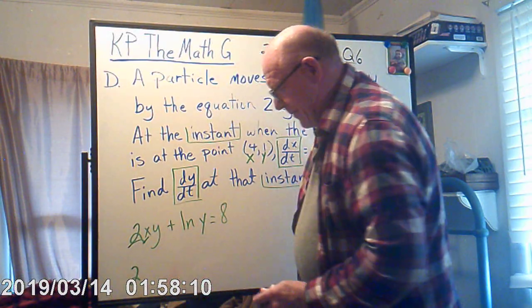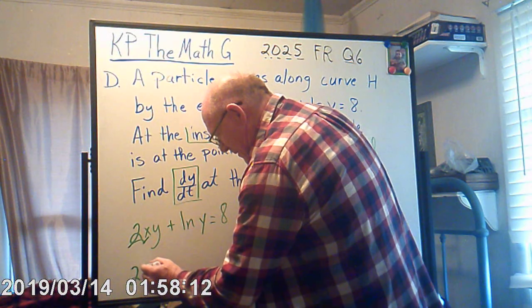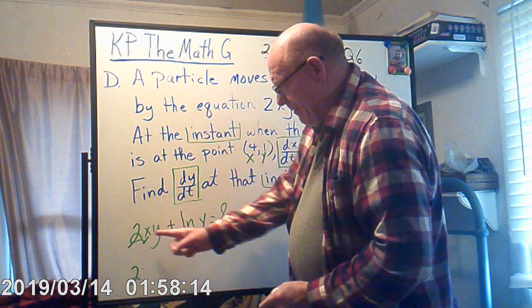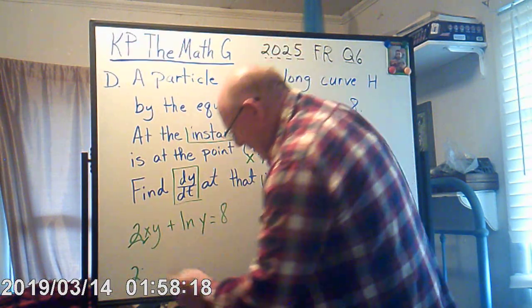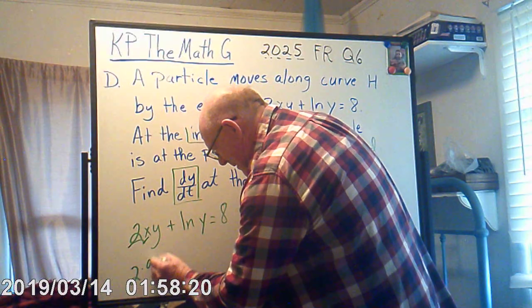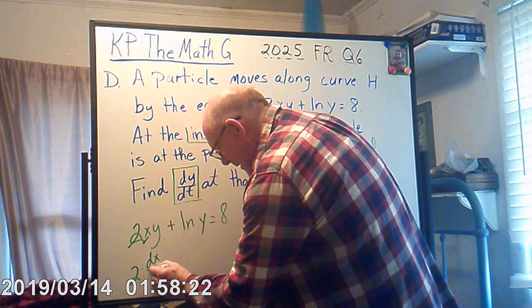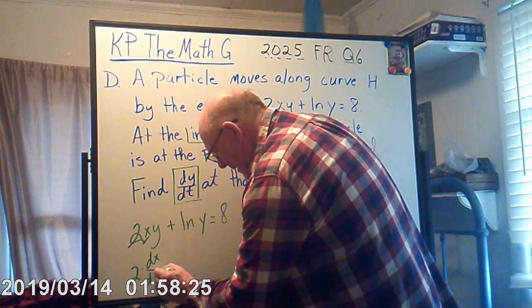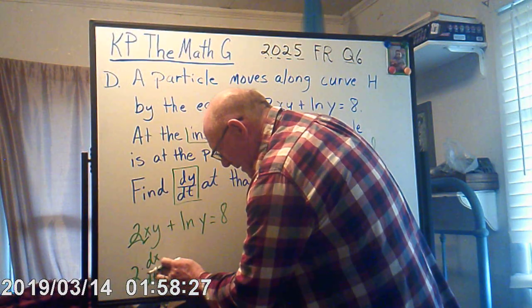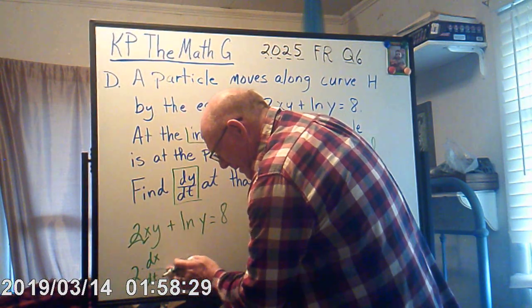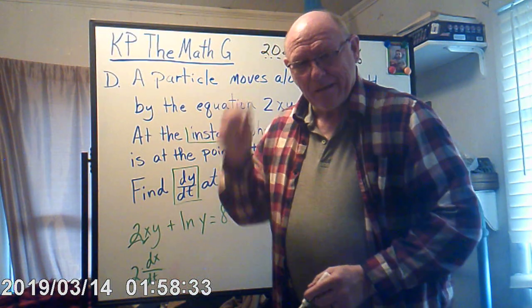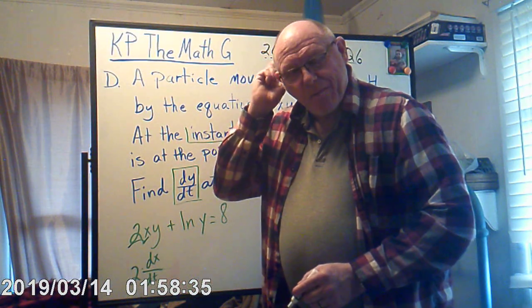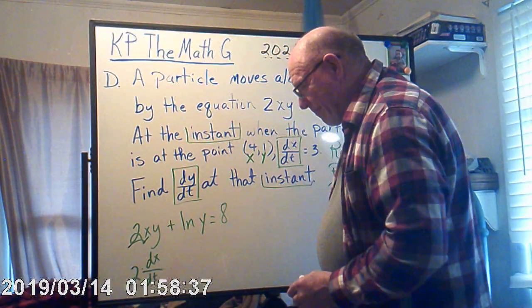Derivative of 2x is just 2, but remember the derivative of x is 1, but it's 1 times dx over dt. Anytime you take a derivative of x, it's dx over dt. Somewhere in there, you got to put dx over dt.